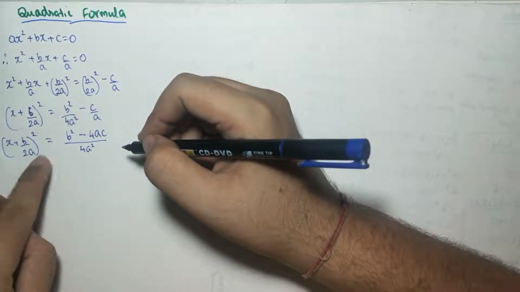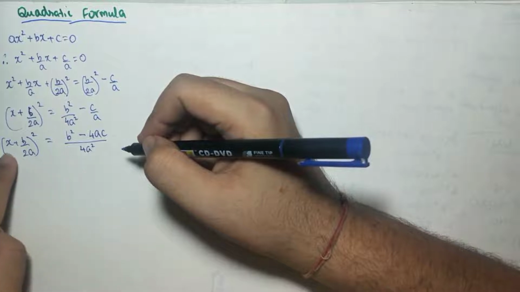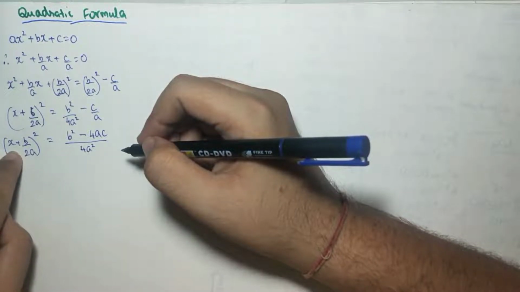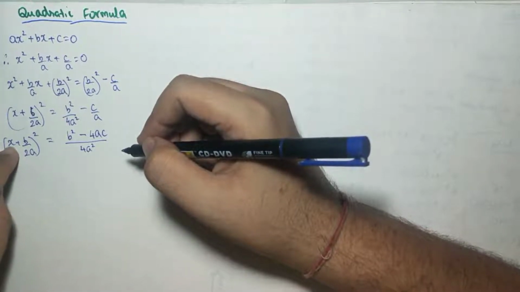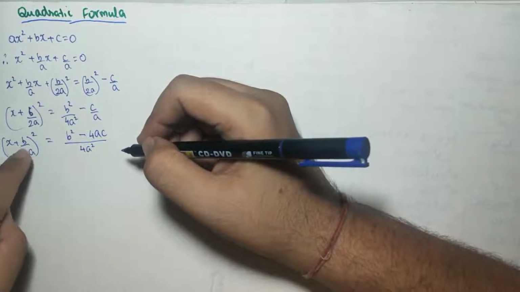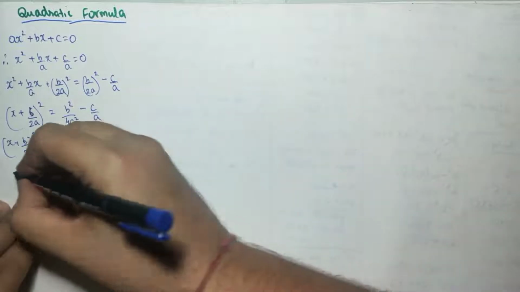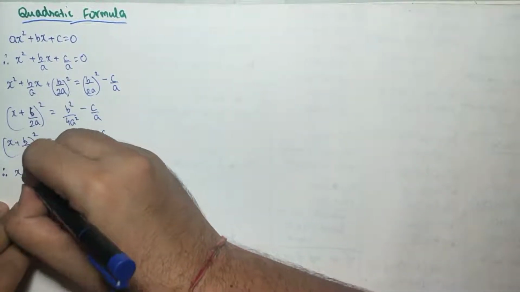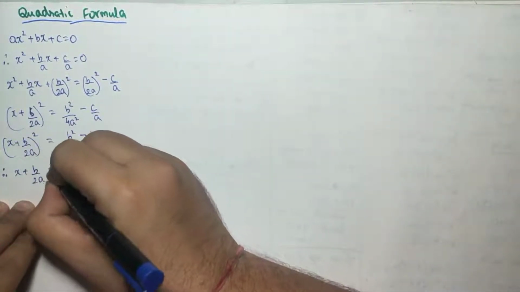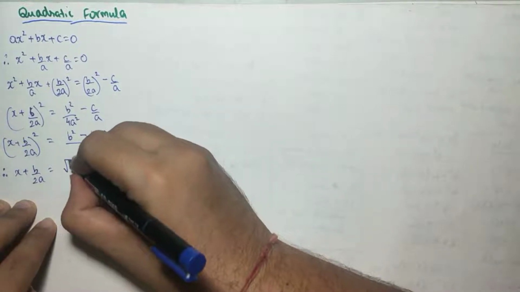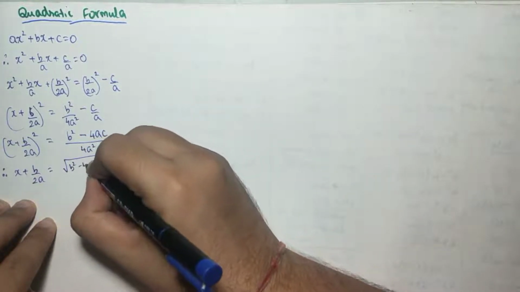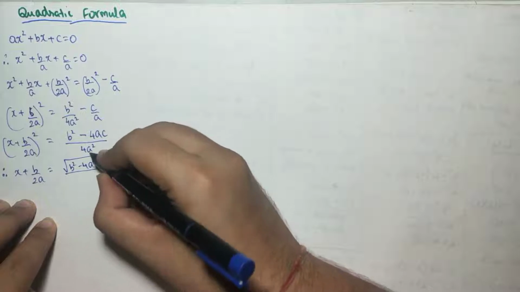Now I am taking the square root on both sides because I want to find x over here. I want to find the roots of this equation, so I have to find x. So this square has to be removed, so I'll take the square root on both sides. So x plus b upon 2a will become under root of b square minus 4ac upon 2a.